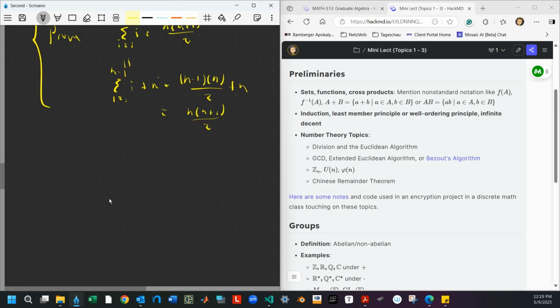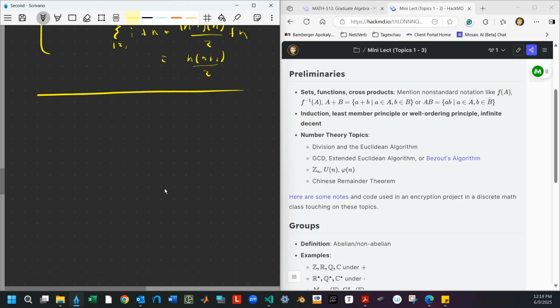I'm going to do another more interesting example in the number theory case. In fact, a couple of interesting examples. If I want to use the minimal member principle, I can say, usually this is by contradiction.